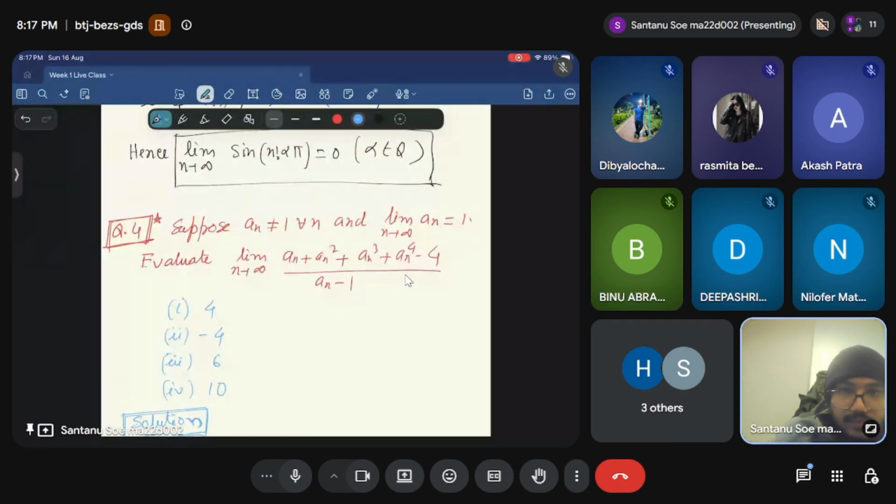So let me explain the question again. Here a_n is not equal to 1 for every n. The limit of a_n is 1, and you have to find the limit of (a_n plus a_n square plus a_n cube plus a_n to the power 4 minus 4) divided by (a_n minus 1).